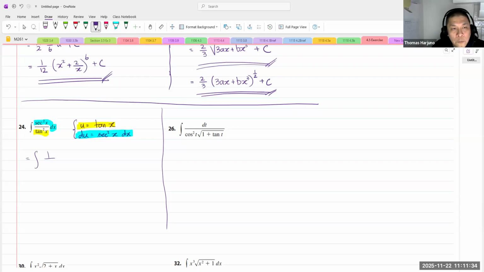It becomes 1/u squared du, which is integral u to the -2 du, which is -u to the -1 plus constant. That's -1 over tangent x plus constant, or you can say this is negative cotangent x plus constant.